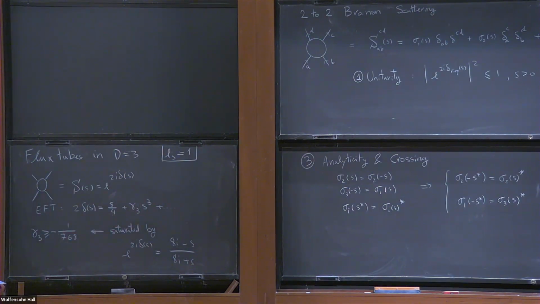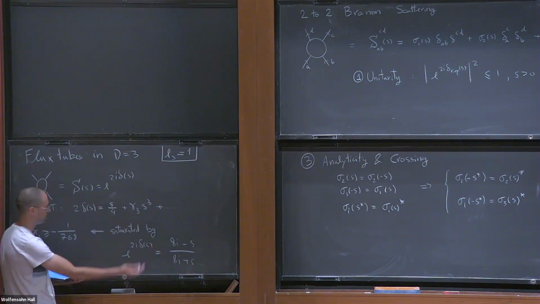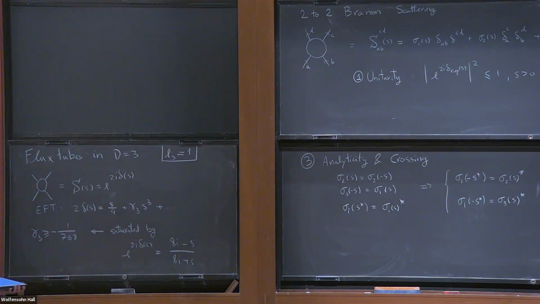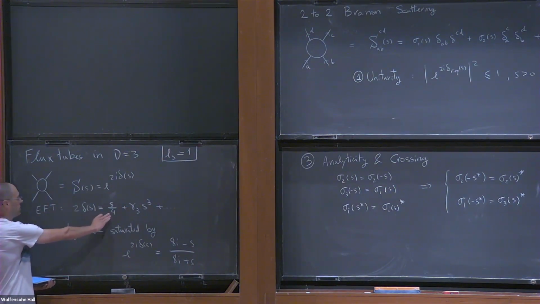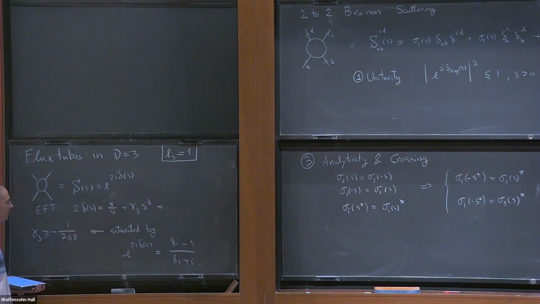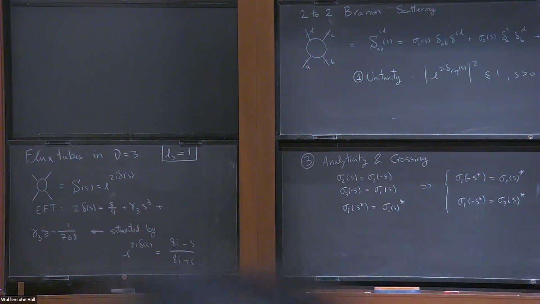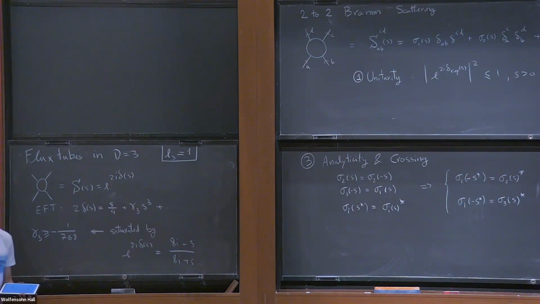And that's the unique S-matrix that satisfies all the properties of being analytic in the upper half plane and bounded by 1 on the real axis, that starts like S to the 4 at low energy, close to S equals 0, and has gamma 3 at this value.